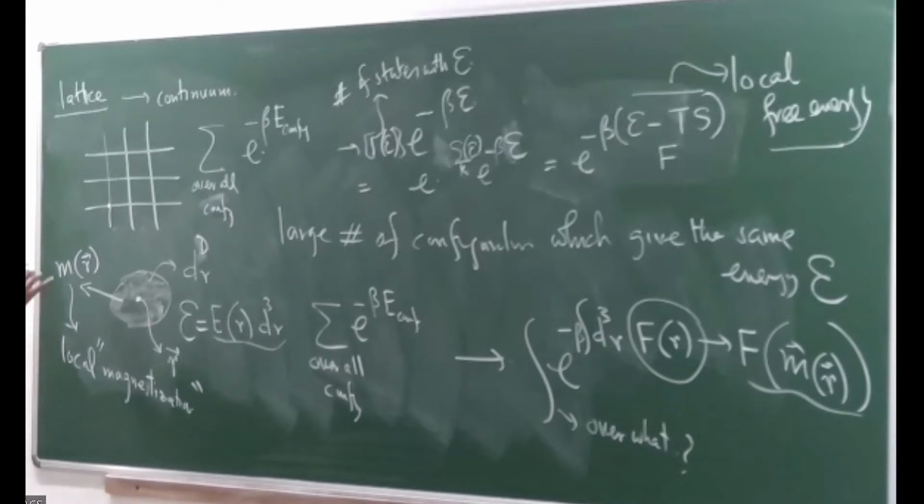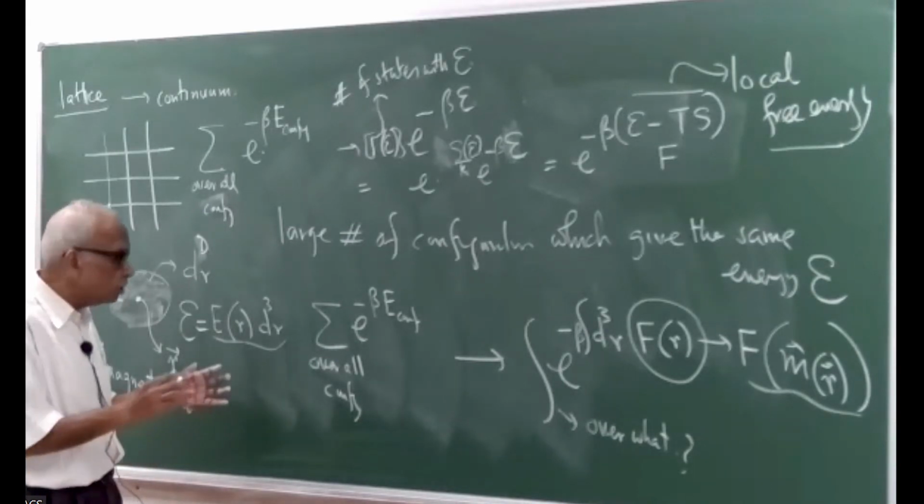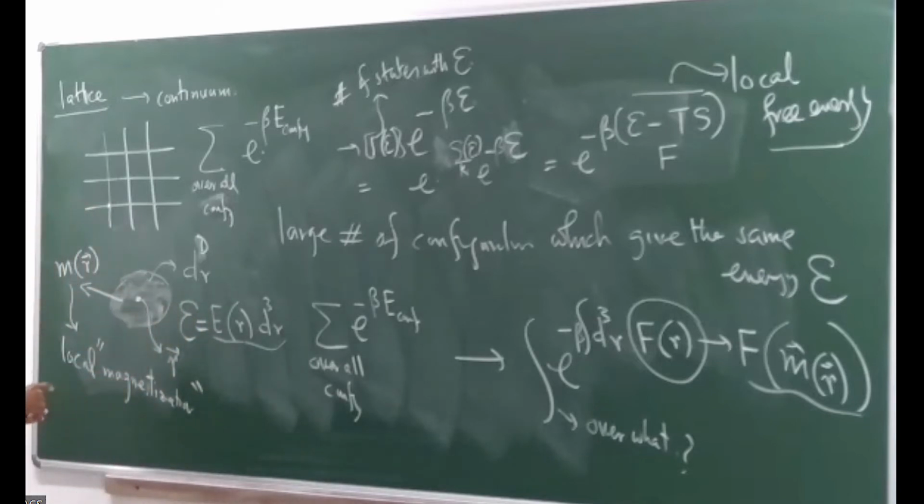So this answers your question about what happened to the spin up, spin down. Well, they got clubbed when I clubbed over a set of spins to set up this d3r, a small volume around a particular chosen point. Then I took all the spins that were there and took an average value of the moment coming from the spin, which I call m of r.